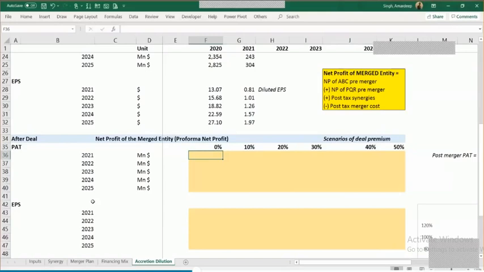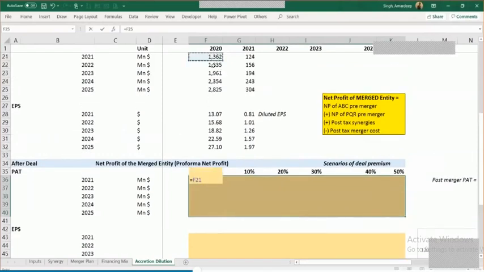So you need to be very careful in terms of writing a formula here because the dollar sign will play a major role here. So point number 1, net profit of ABC is available here, 2021, but you have to copy and paste it on the right hand side for the subsequent scenarios, and also you have to copy and paste it down for the subsequent years.